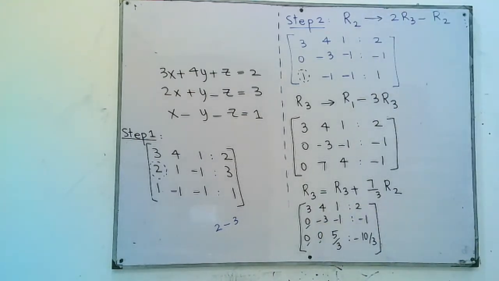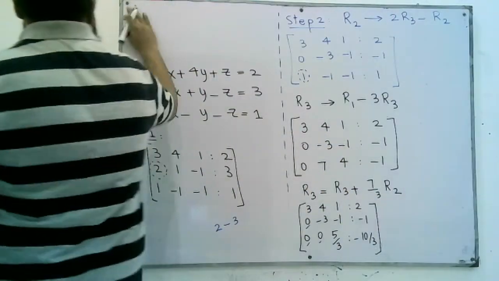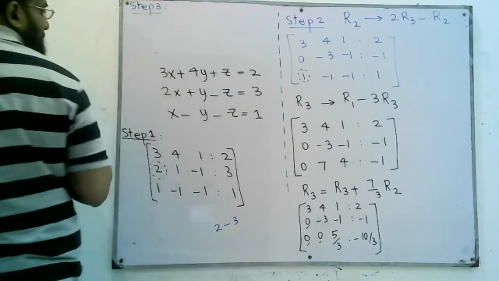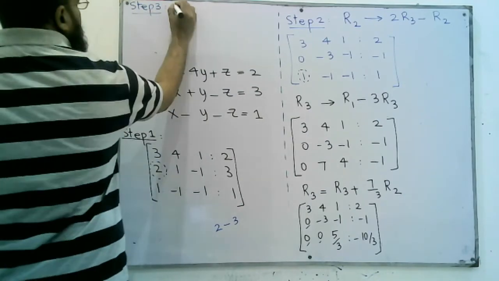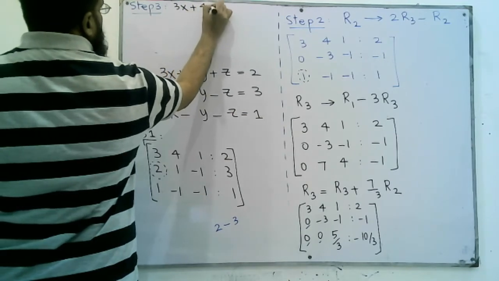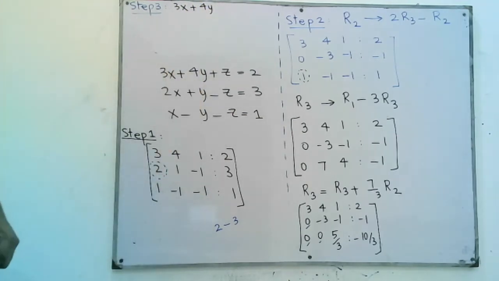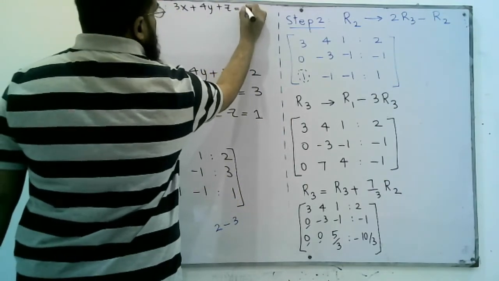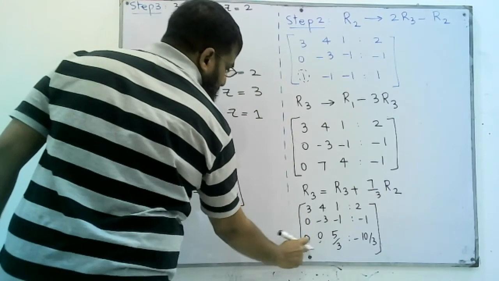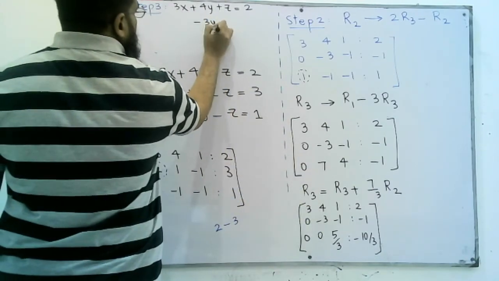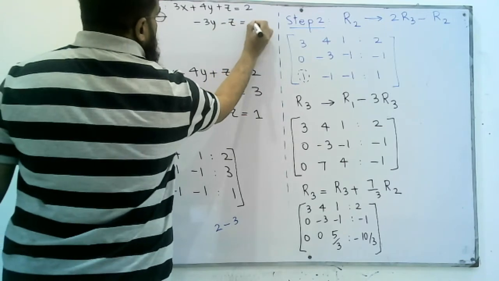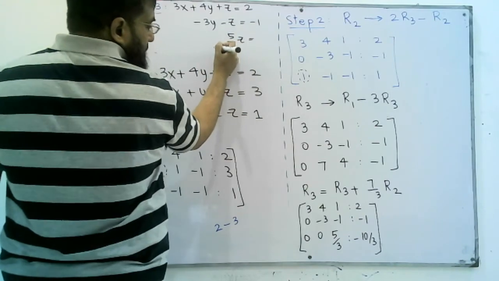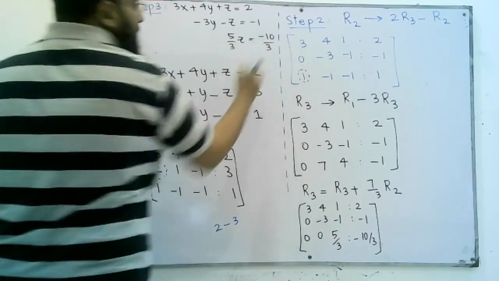Now we're going to apply step number 3. We're going to convert it to the equation form once again. That would be 3x plus 4y plus z is equal to 2, 0 minus 3y minus z is equal to minus 1, and 5 by 3 z is equal to minus 10 by 3.